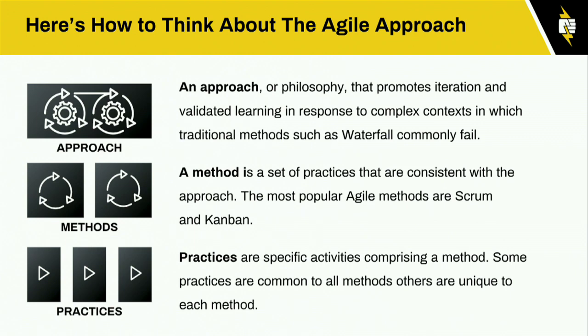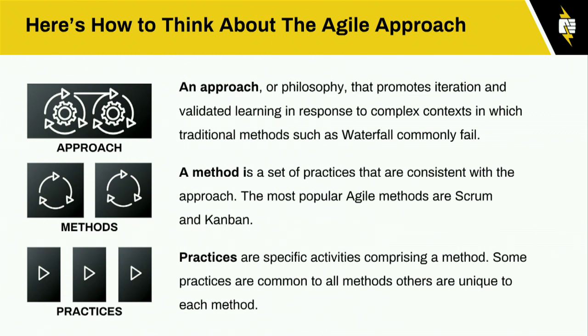And it deals with that by taking an iterative approach to validated learning. So do something small, see if we get positive feedback. If it works, do more of it. If it doesn't, pivot and try something else. That philosophy is then made actionable through some rigorous, well-defined methods. You've probably heard of the two most popular ones, Kanban and Scrum.